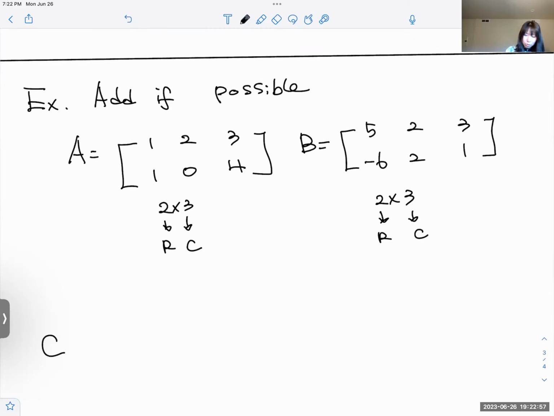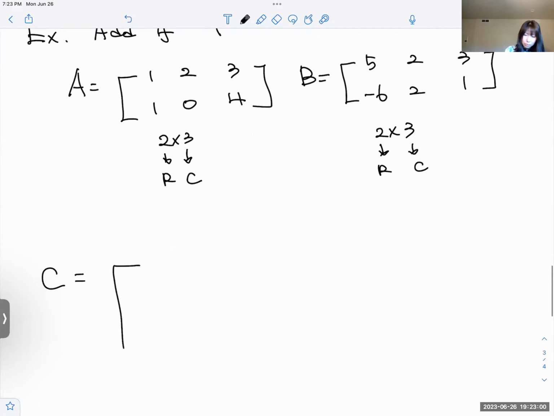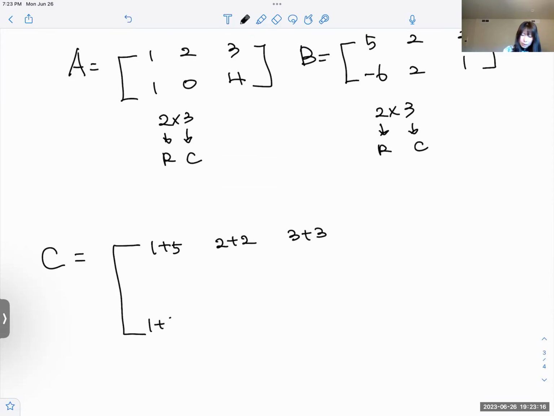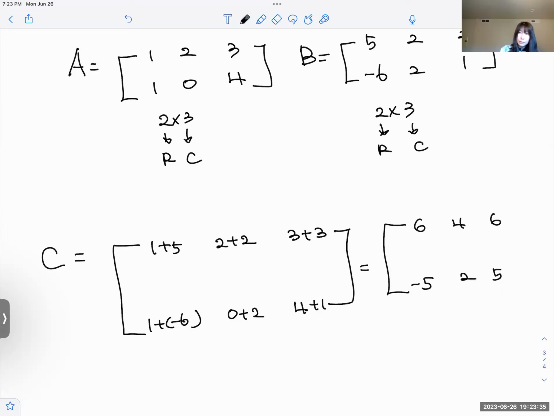So C equals, we add them in the same entry spot: 1 plus 5, 2 plus 2, 3 plus 3; 1 plus negative 6, 0 plus 2, 4 plus 1. What do you get? 6, 4, 6, negative 5, 2, 5, right?